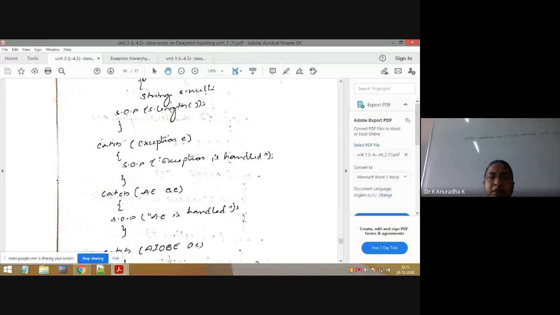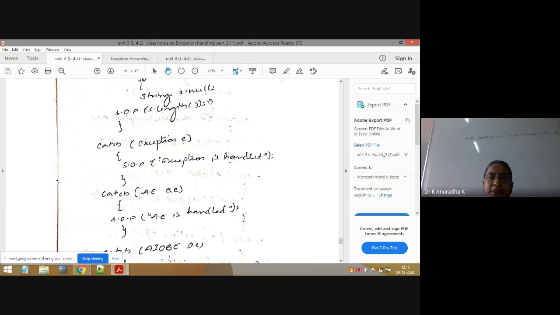Because here, suppose in place of NullPointerException I write the code for ArithmeticException. Let us write System.out.println(10/0). So 10/0 is an ArithmeticException. Again, from that statement it will come to this first catch block, and this can handle any type of exception.